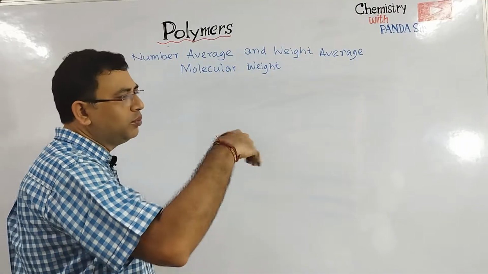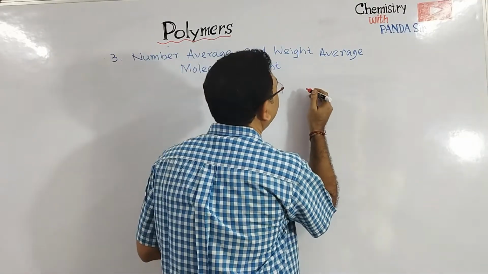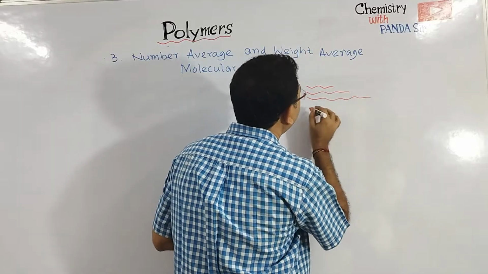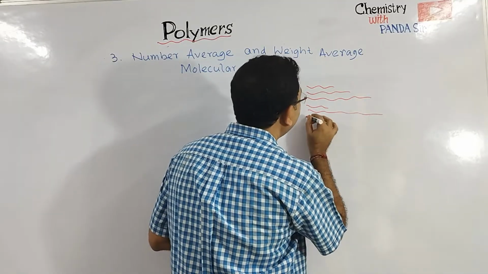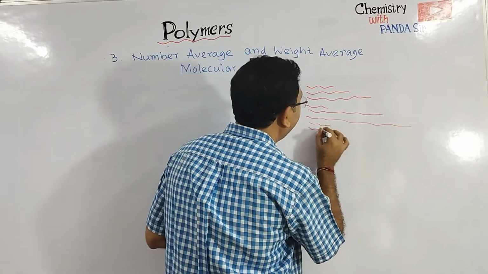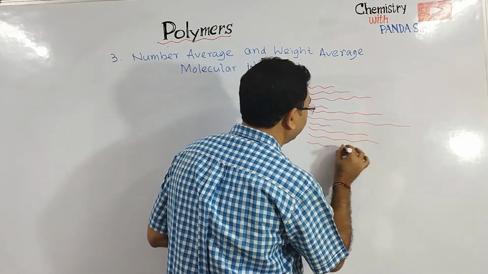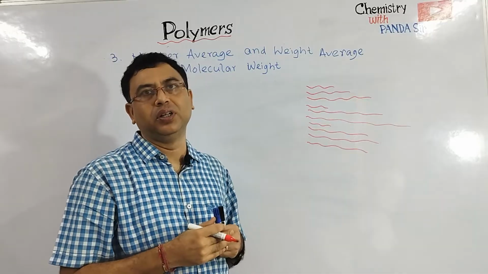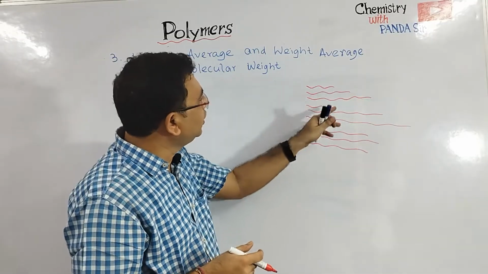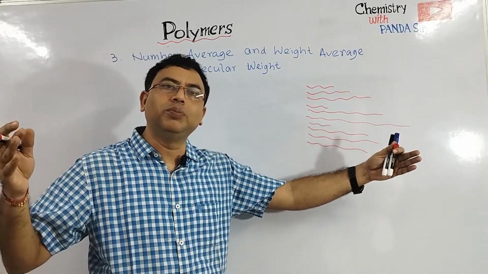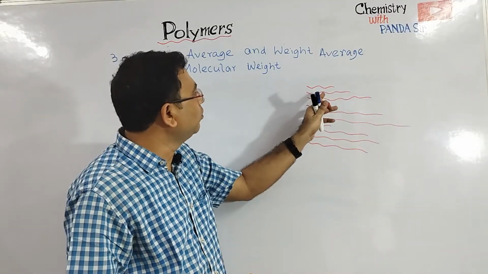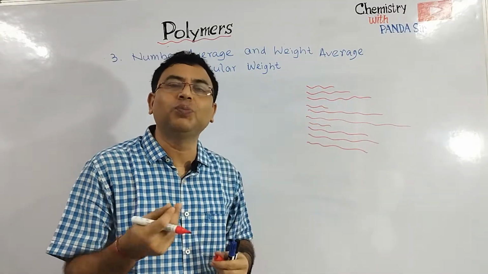It means we can have polymer chains of different molecular mass, because polymer chains can have different lengths. Polymer chains that are longer show more molecular mass, and polymers with shorter length give less molecular mass.